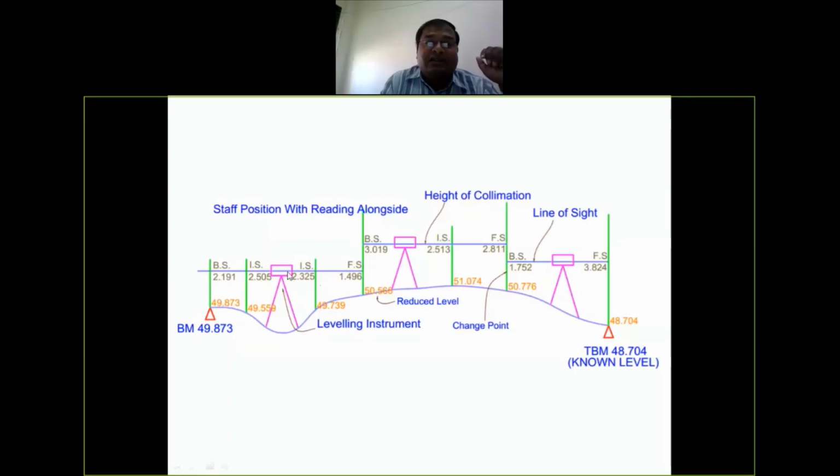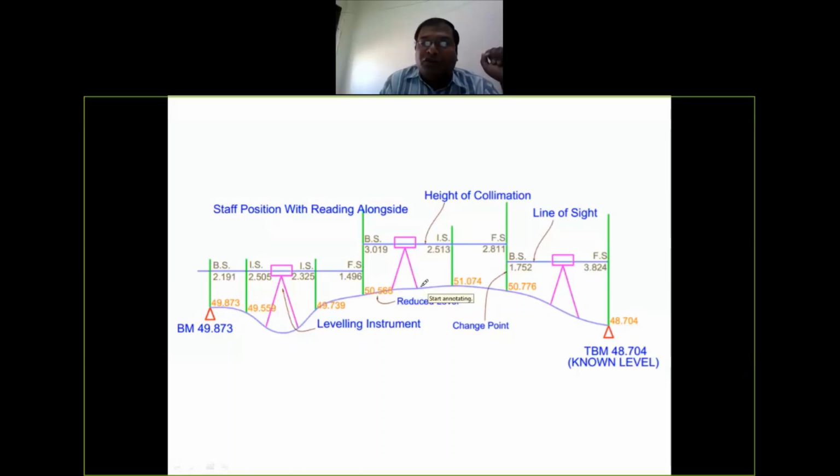Now you can see here I have already calculated the height of instrument, some value is there, 49.873 plus 2.191. Now you shift your instrument here. Okay, so now what will happen, you have to again calculate the height of the instrument, because your instrument is set up at a higher location, so your height of instrument will change.